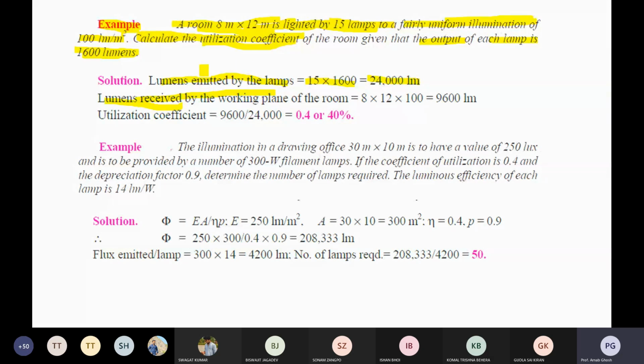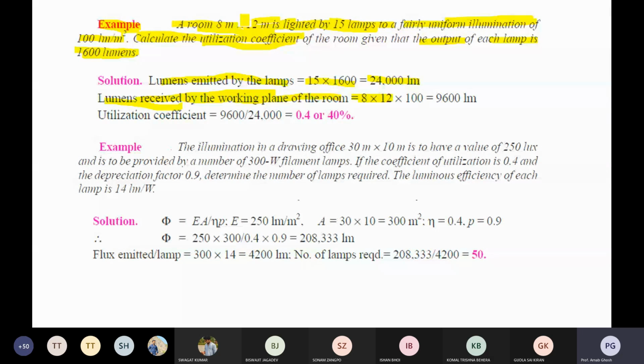The utilization coefficient is the lumen actually received at the work plane divided by the lumen emitted by the light source. The lumen emitted by the light source is 24,000, and the value received is 9600 lumen. So the ratio is 0.4, meaning 40%.